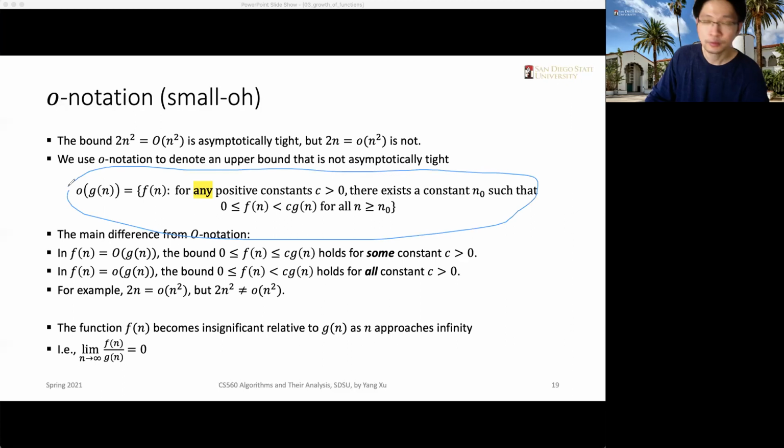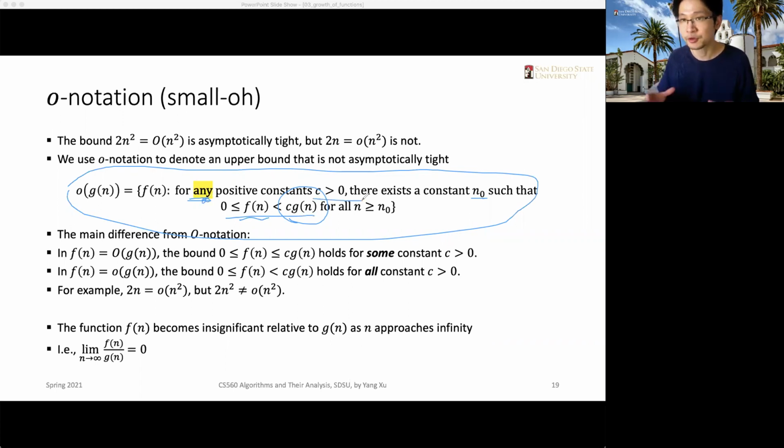So it reads quite similar to the big O notation, but I highlighted the different part here. It says for any positive constant C, there is a constant n0 such that the function is bounded by this C times g of n, okay? So the difference is that in small o, we ask this inequality to be satisfied for any positive constants.